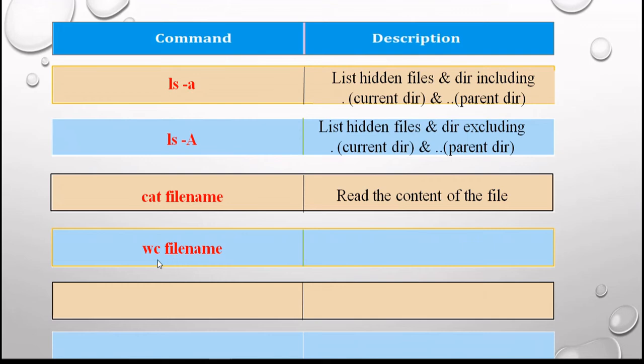And then comes wc with space file name. When we are providing the name of the file to this command, it will count the number of words in that particular file, and the first parameter it is going to return is the number of new lines, then comes the number of words, and then the number of characters, and in the last we have the name of the file.